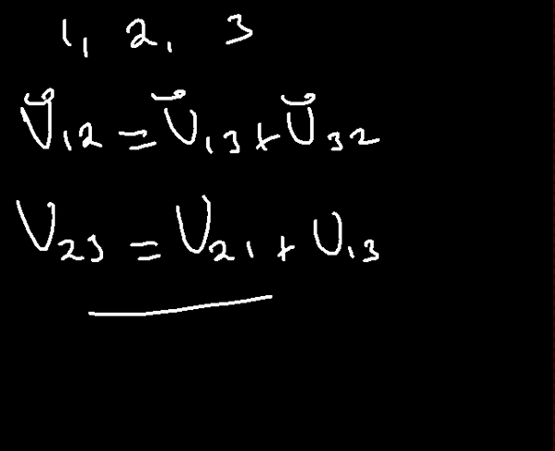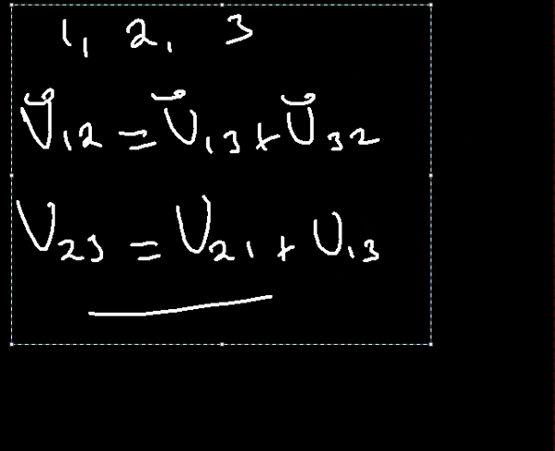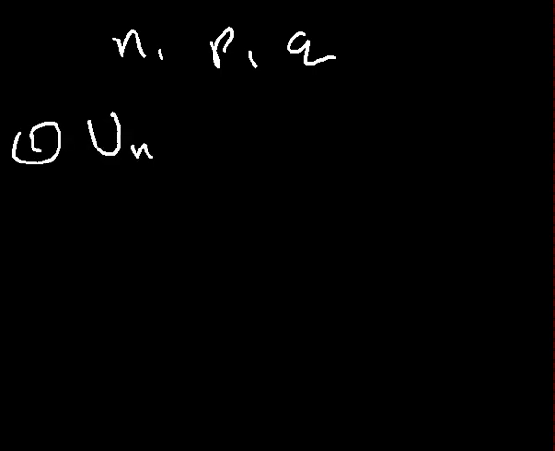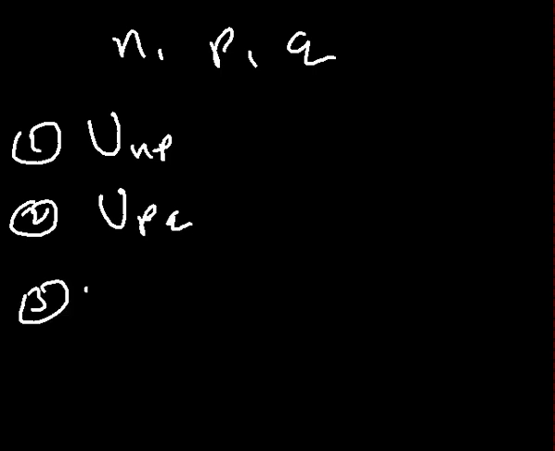And let's say we have the following frames of reference, try to come up with the following. Let's say we have N, P, Q. Now what is VNP, what is VPQ, and what is VNQ if this is the case?